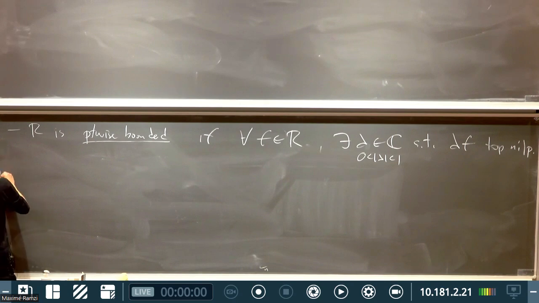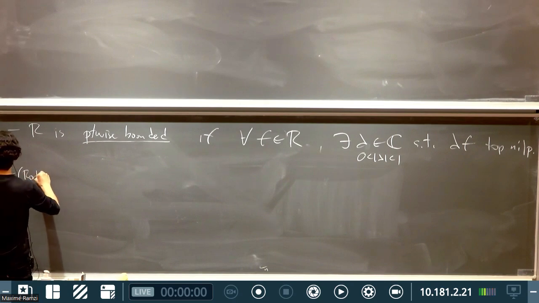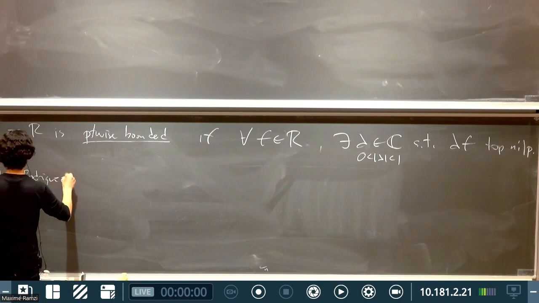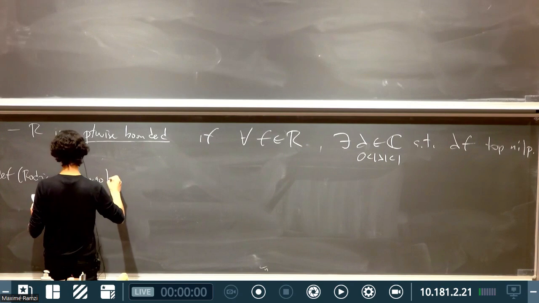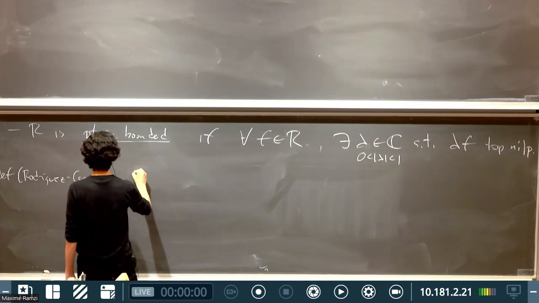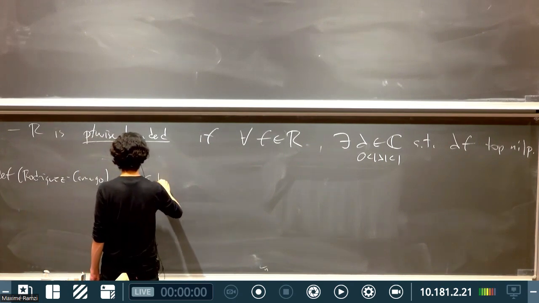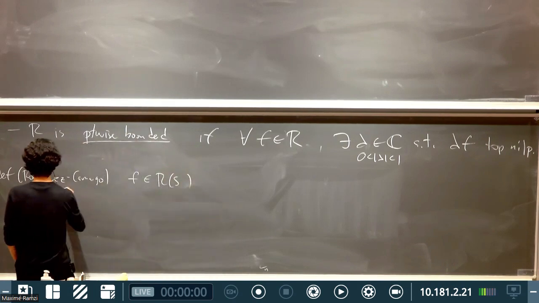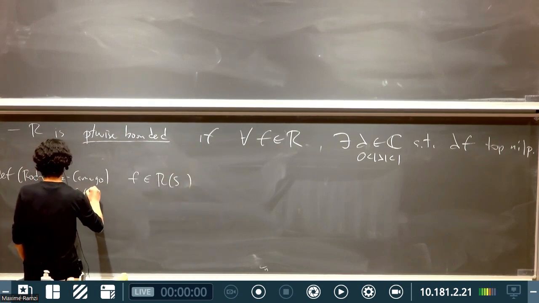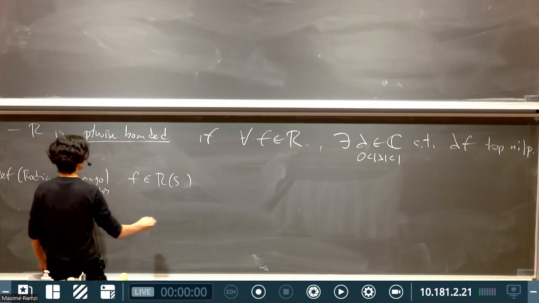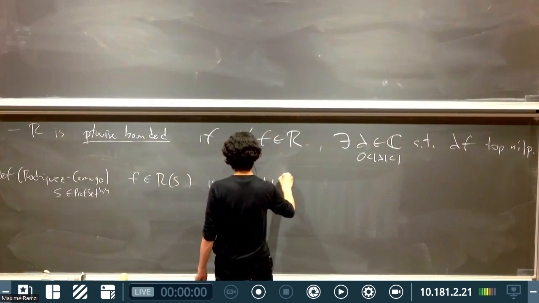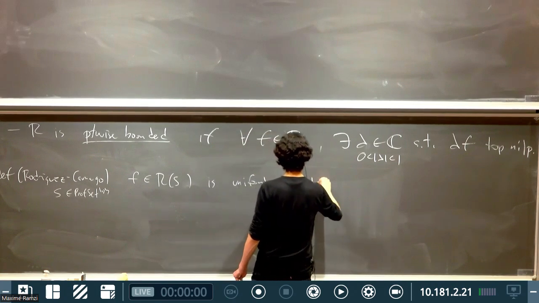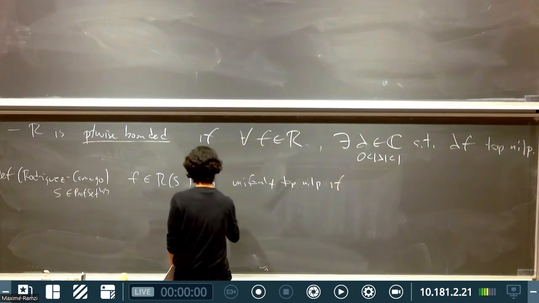So, definition. How to extend this definition to S-valued points. So an F now, which is an S-valued point in R, so S a light profinite set, is, let's say, uniformly topologically nilpotent if we just do the same thing.